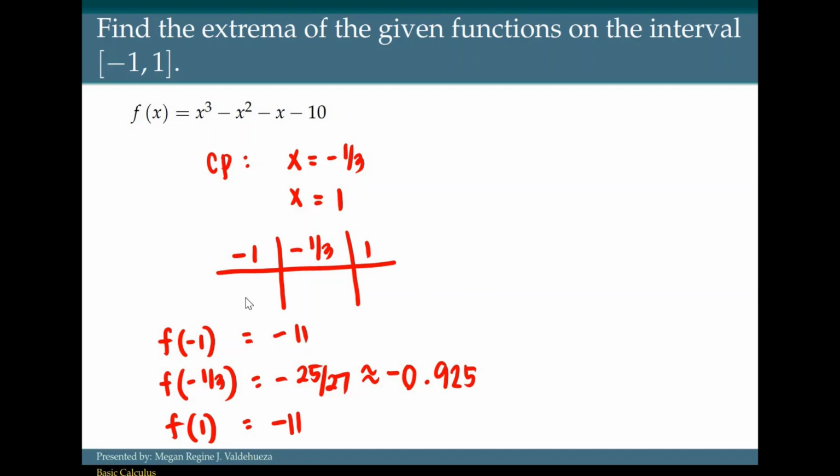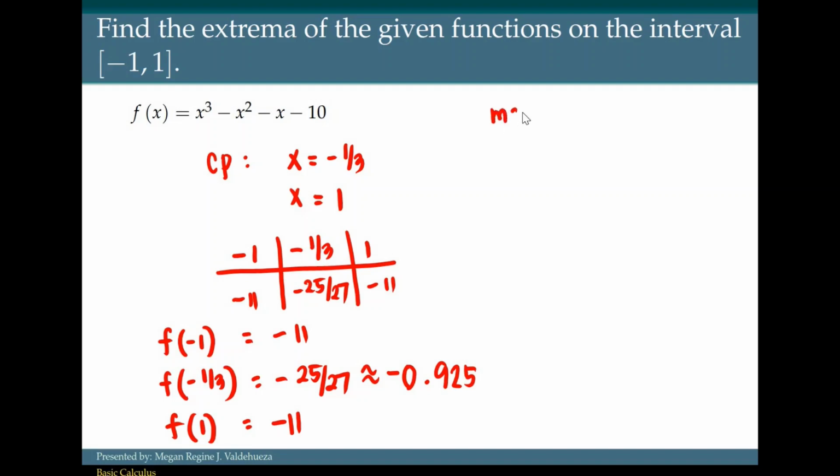So we have the maximum value. This is -11, -11, and -25/27. So the maximum value is -25/27, and that occurs at x equal to -1/3, and the minimum value is -11, and that occurs at x equal to -1 and x equal to 1.